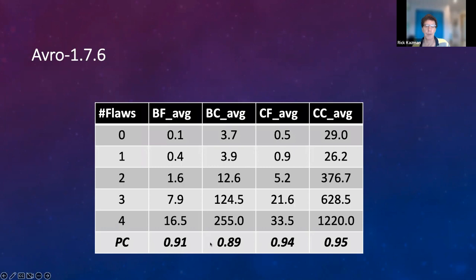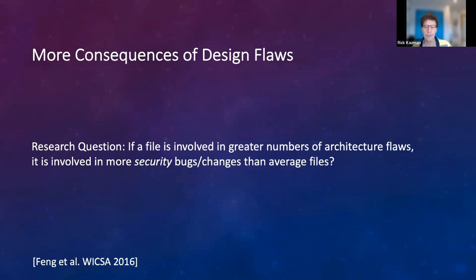So the bottom number here is the correlation, the Pearson correlation coefficient. We're looking at what's the correlation between the number of flaws and the number of bugs, changes, and churn. And for every project that we studied, that number is typically around 0.9, a very high correlation. In fact, it looks like causal. And we've done some other analyses that have shown that.